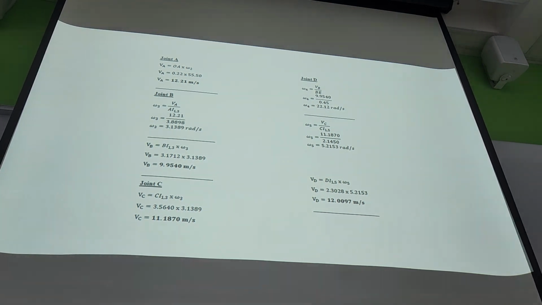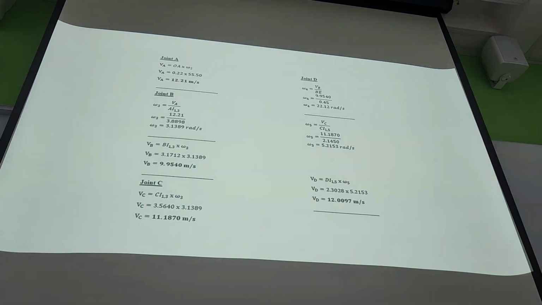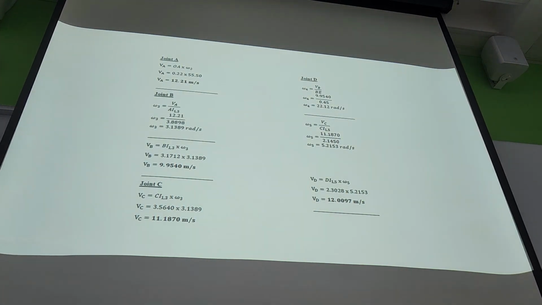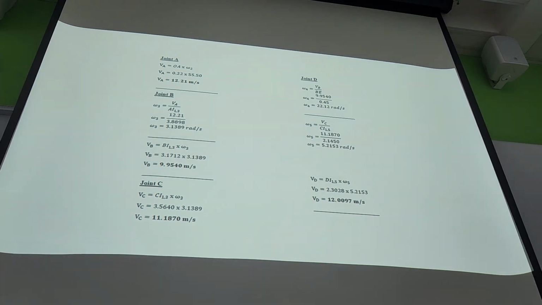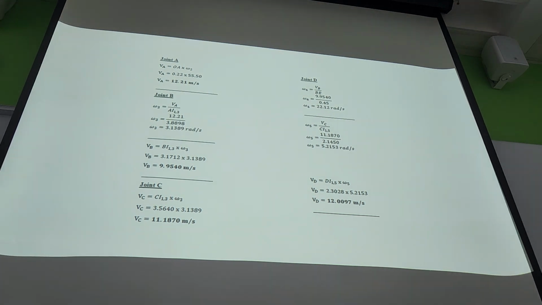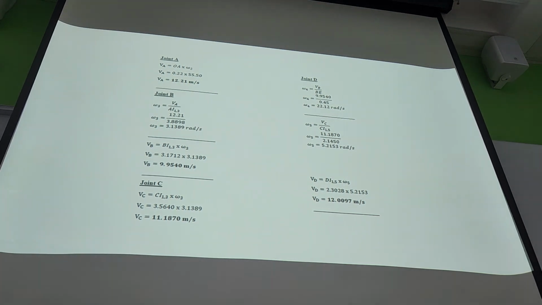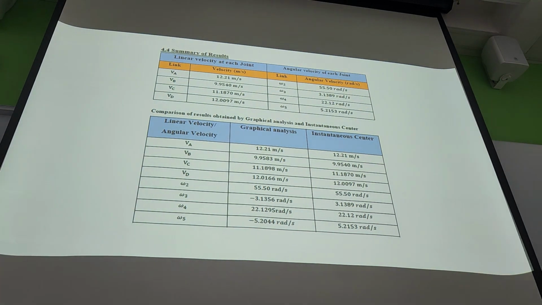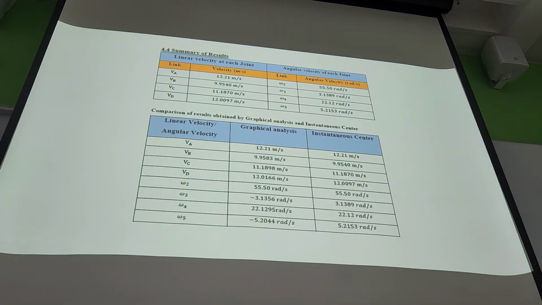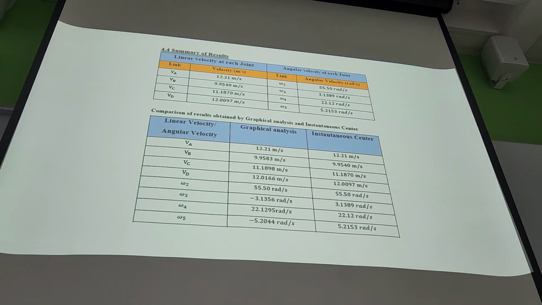So the entire velocity analysis by IC method, all the calculations are here. The only formula you are using is V equals R omega, or omega equals V by R. You have to link whether you are referring to point A, point B, point C, or point D. After that, you tabulate your results, because you are doing velocity by the graphical analysis method and also the instantaneous centers method.